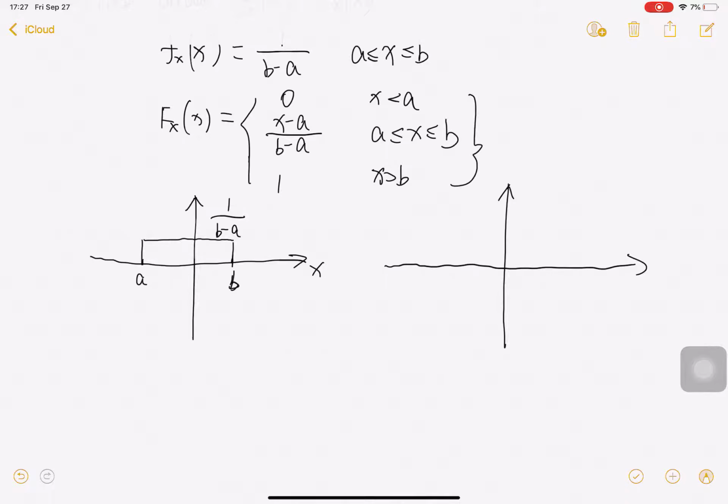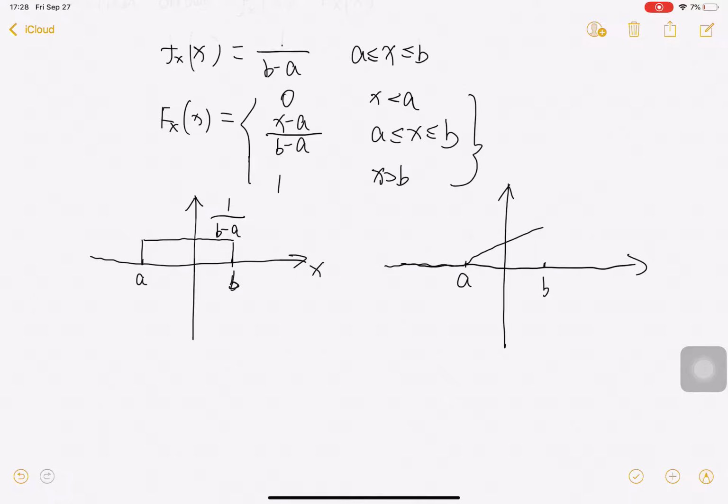When x is smaller than A, it's 0. And when x is from A to B, this point should be A, and this point is B. It's x minus A over B minus A, so it's like this, right?